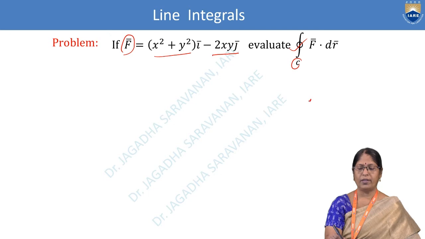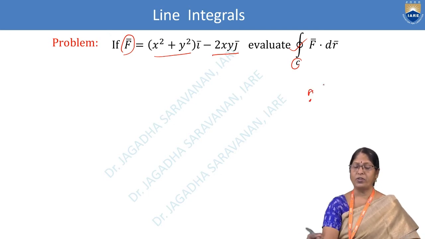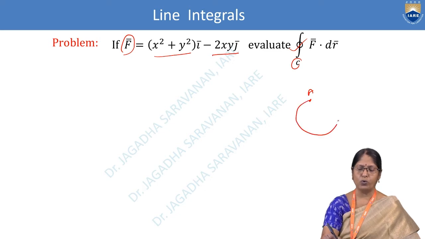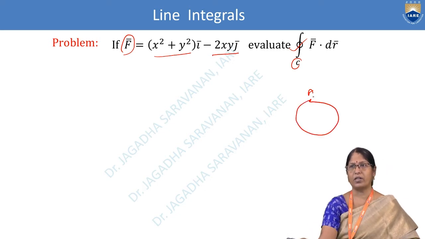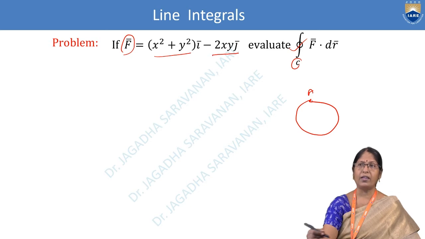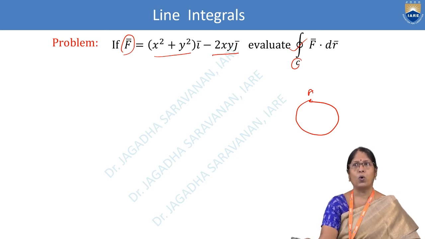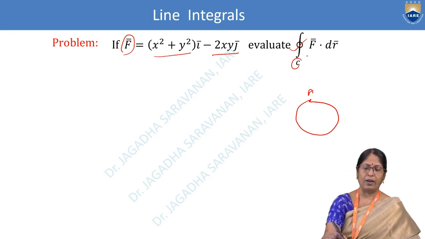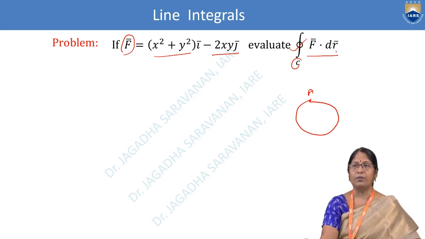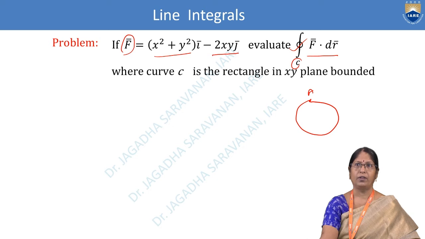So now here is the curve. It starts at the point A, it moves, and it comes back to the starting point. That is, starting and end points coincide. It is a closed curve. F dot dr we have to calculate.